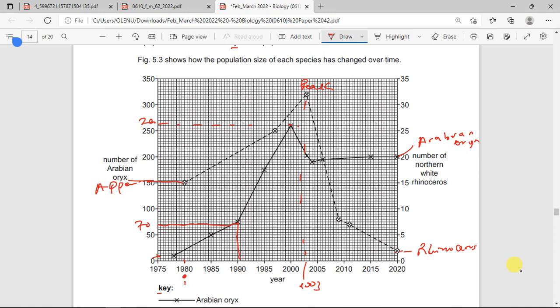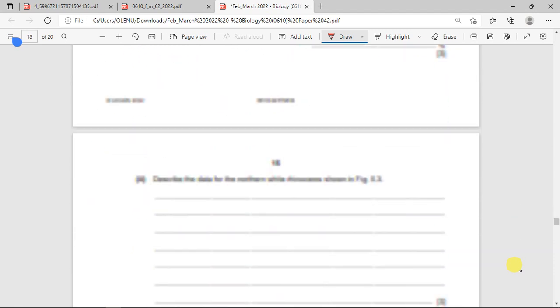So to approximately 5, if this is 5, this will be 1, 2, to approximately 2 in 2020. So that will give you a 3 mark if it's a 3 mark question.